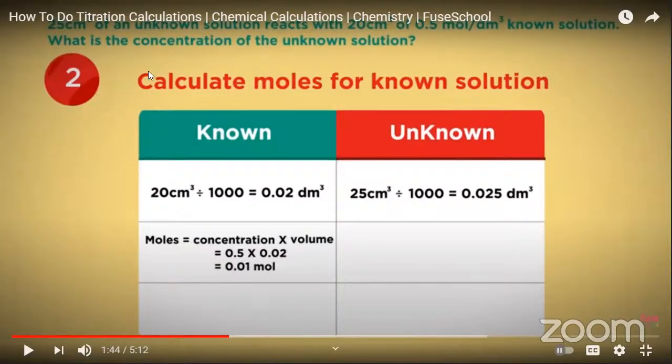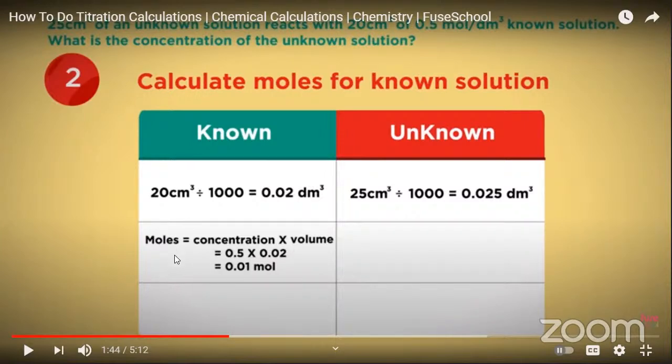It's given in the equation that 25 centimeters of an unknown solution reacts with 20 centimeters of 0.5 molar known solution, okay? We're just using known and unknown. So we have the concentration of the known solution and its volume right there. We convert the volume first to get 0.02 decimeters cubed, which is right here.